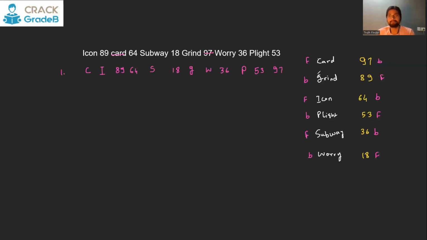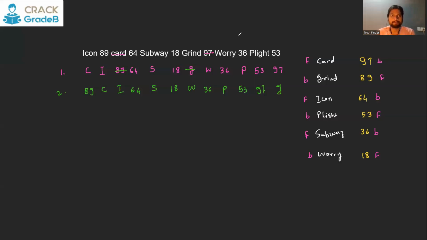In the second step, grind goes in the back and 89 comes in the front. The remaining stay as they are: C, I, 64, S, 18, W, 36, P, 53, and 97 in the same order.